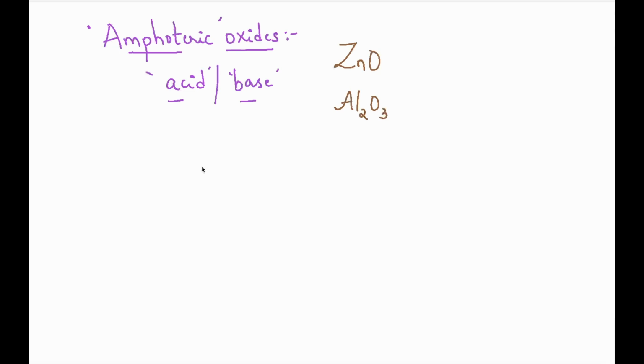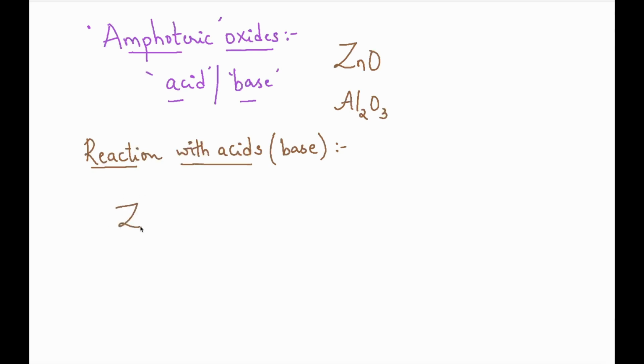Now let's study their amphoteric nature. First one is their reaction with acids. Reaction with acids means the oxide is acting as a base.